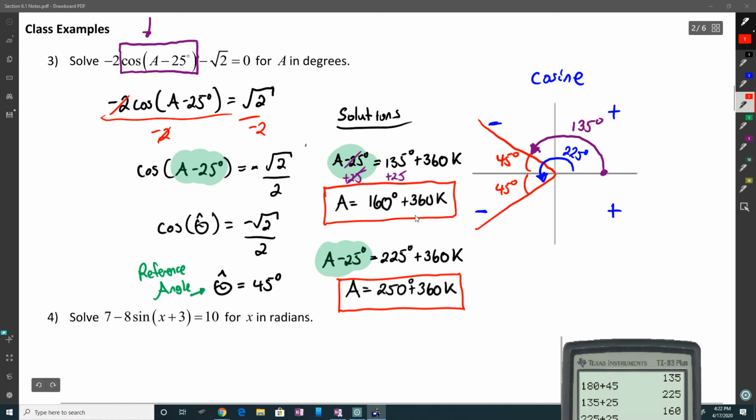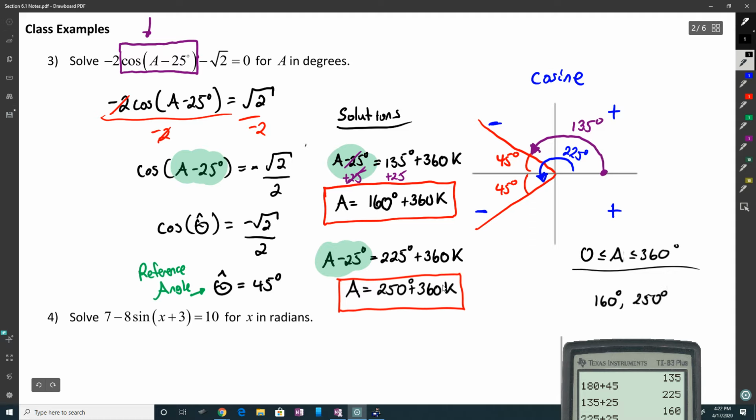All right? So those are your solutions. On your homework, you would just write them out and separate them by a comma. Now, if it's asking for the solutions in one rotation, between 0 and 360, you would just say 160 degrees, comma, 250 degrees.